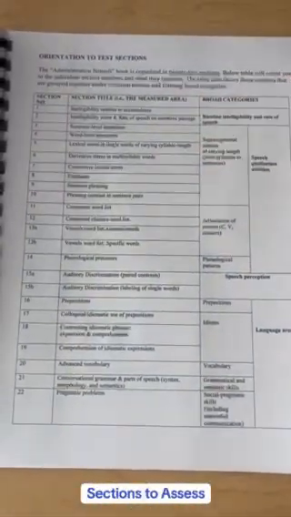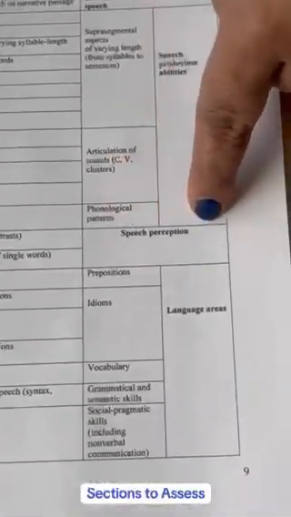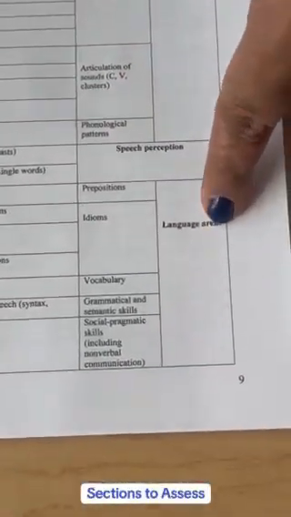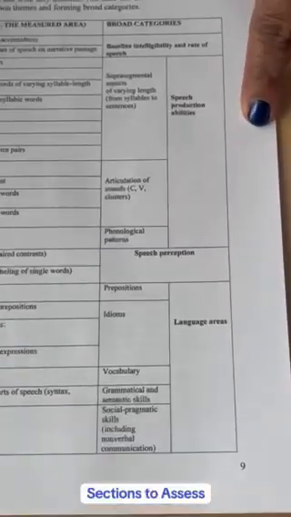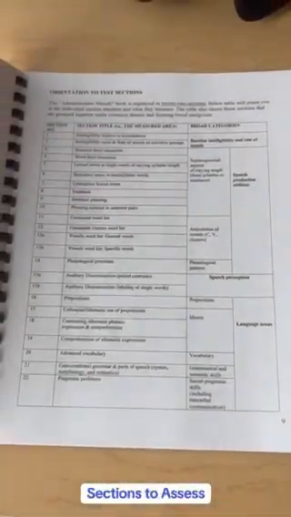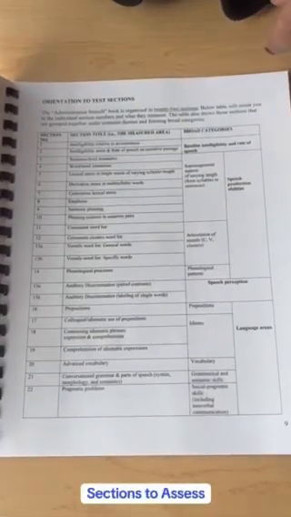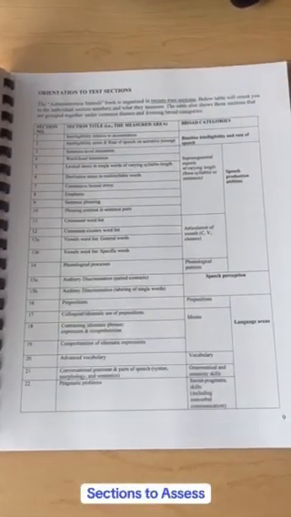What sections you want to look at. Is it just speech production? Is it speech perception? Is it the extra language areas? Obviously, the test is designed to get a comprehensive overview of a person's abilities, their skill set, and also the areas that need work.